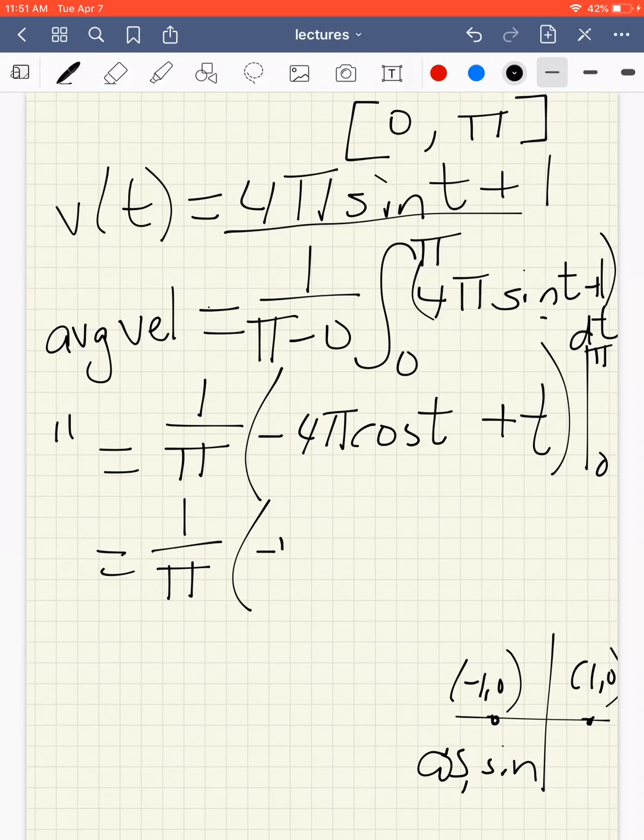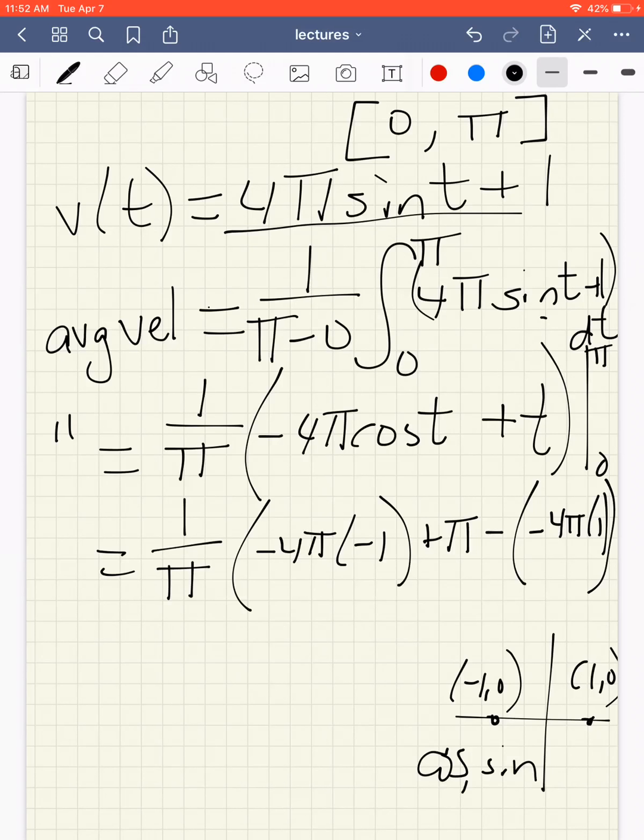So this will be minus 4 pi times negative 1. And then this is just plus pi. And then minus, plug in the 0. Cosine of 0 is 1, so this would be minus 4 pi times 1, and then plus 0, which is just minus 4 pi.